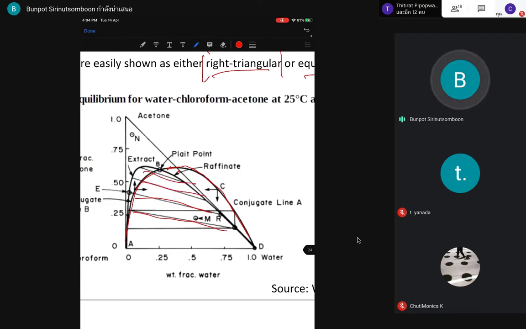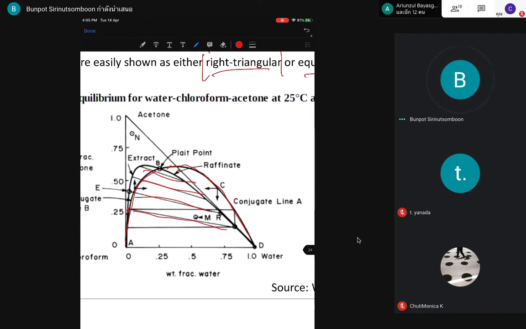For the tie lines, each side, this point and this point here, they are in equilibrium with each other. And this point and this point, they are in equilibrium with each other. Any of you guys still with me? And then this point and this point, they are in equilibrium with each other.